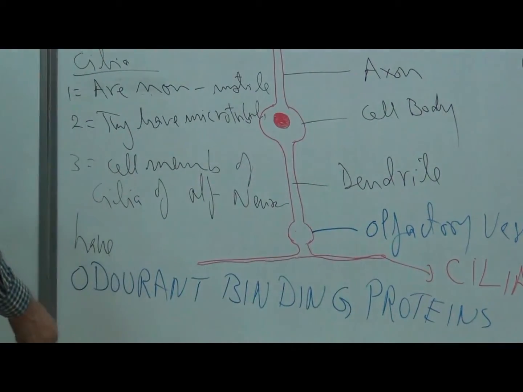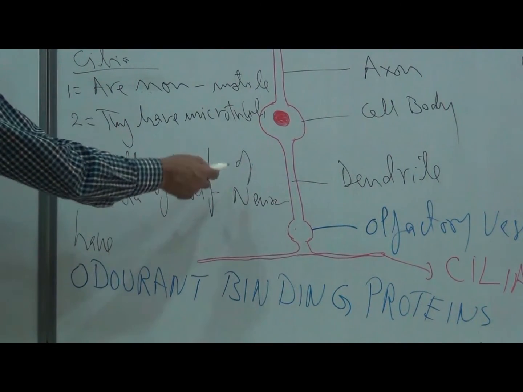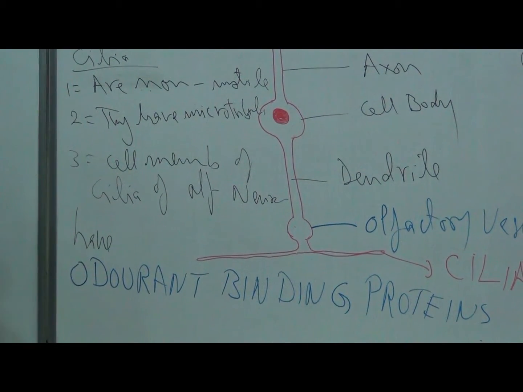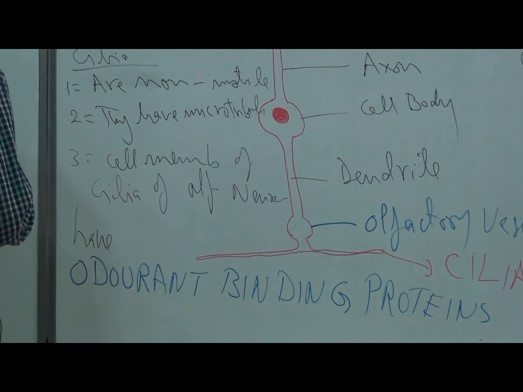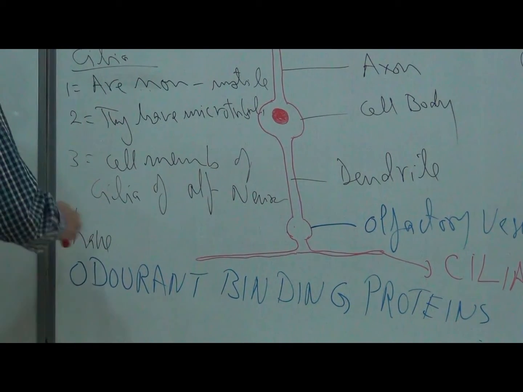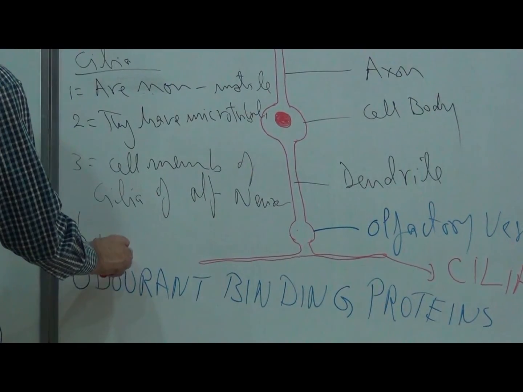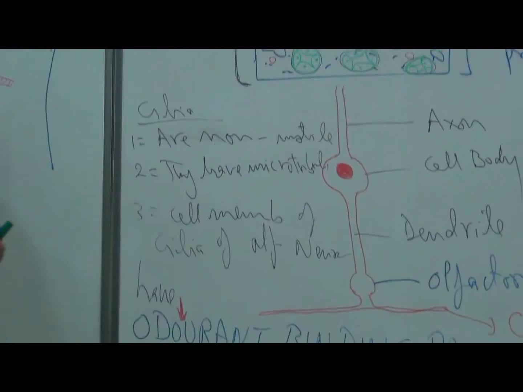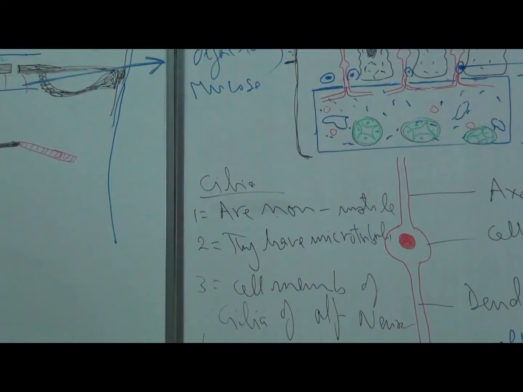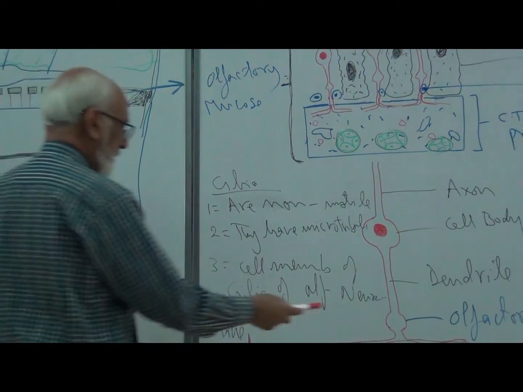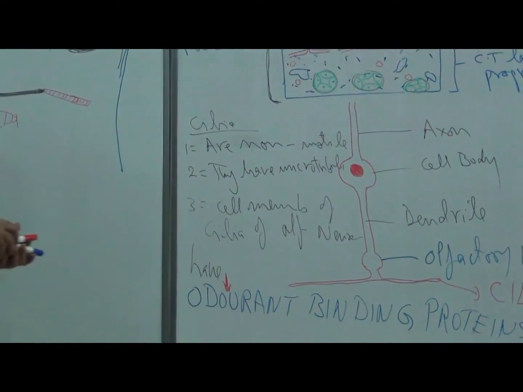Embedded in the cell membrane of cilia there are odorant binding proteins. So these cilia of the olfactory neurons act like olfactory receptors.